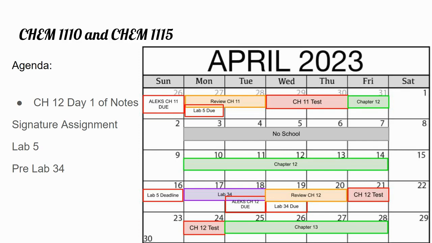Okay, and then what position would that be? So let's count from this way. 1, 2, 3, 4, 5, 6, 7, 8. So what's our parent carbon for 8?